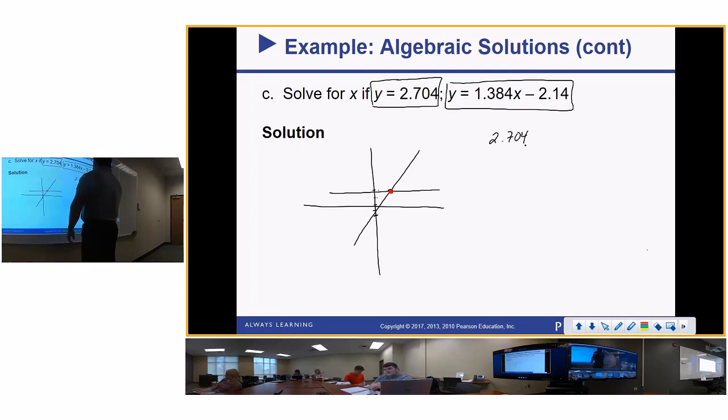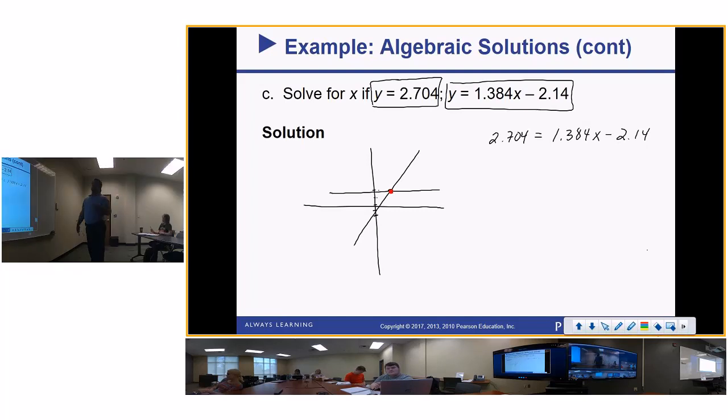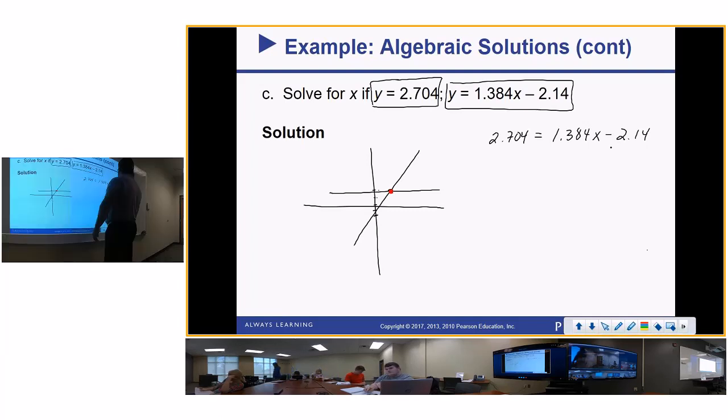2.704 is equal to 1.384x minus 2.14. If you want to use your calculator, use it. If you want to multiply through by 1,000 and make it into whole numbers, you can do that. I don't care. So I'm going to add 2.14 on both sides because my x is positive.